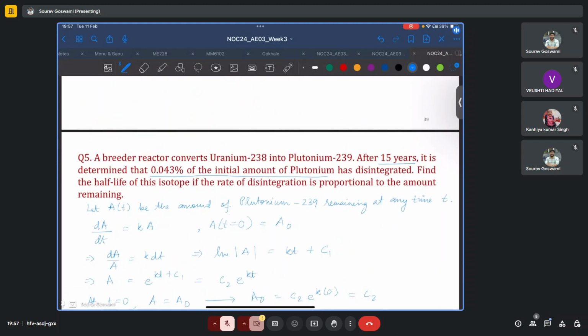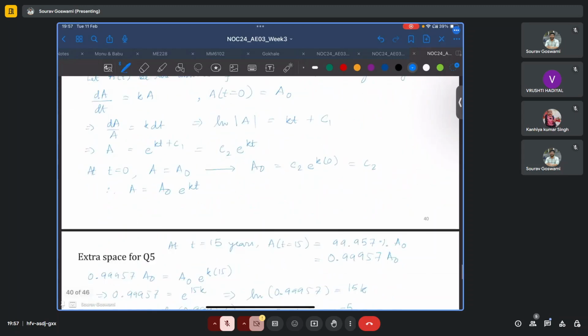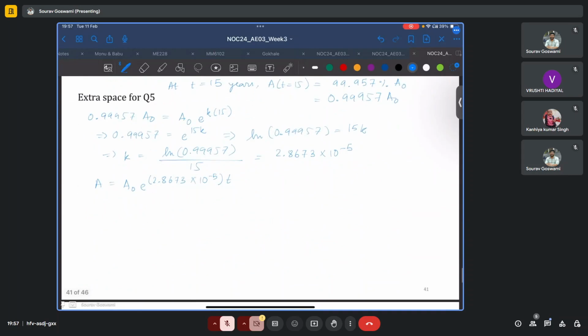We are asked to find the half-life of this isotope, or the time after which half of it has disintegrated. So the half-life implies the time after which half of the original quantity of the isotope remains.